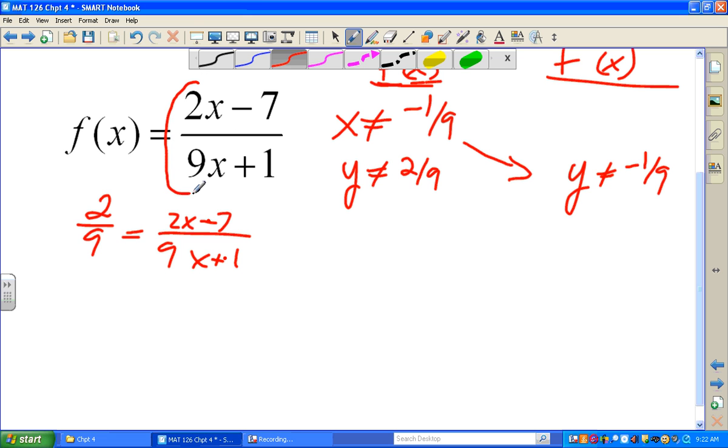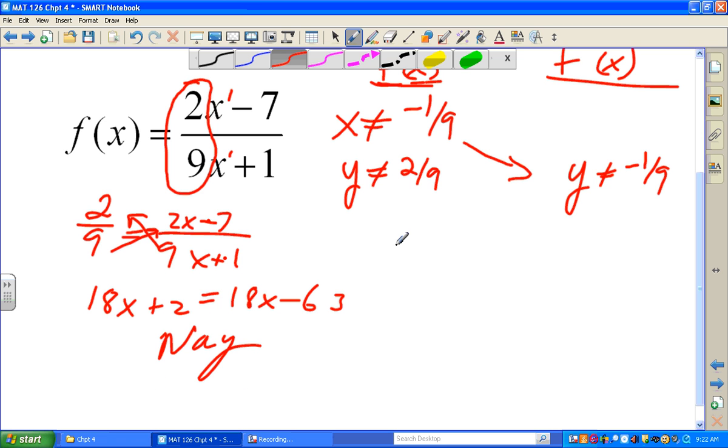2/9 is the horizontal asymptote because they're both degree 1. And so you do the leading coefficient over the leading coefficient. Now you say, okay, does it really work? So you multiply, and you get 18x plus 2. You multiply, you get 18x minus 63. Are those the same expressions?